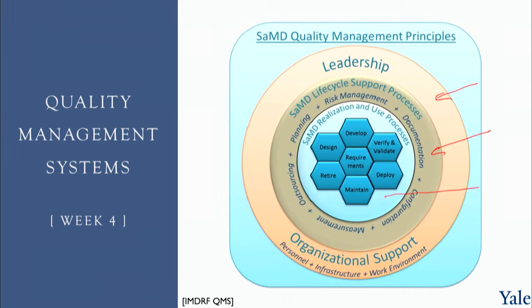And then the inner loop is a process specific to our specific software project. So requirements, deployment, maintenance, retirement, design, all of that above. And again, this comes from a regulatory document from the International Medical Device Regulators Forum. The QMS is what defines how a company operates. And remember, we're doing serious projects, often dealing with people who are very sick, and serious software requires serious processes, and this is our rule book.